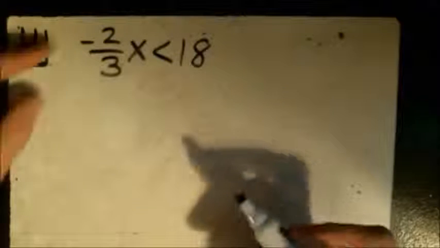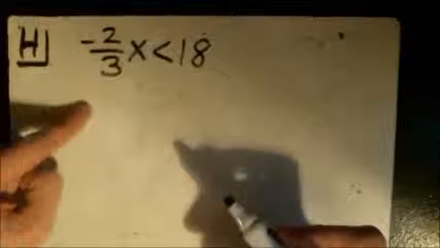For h, I've got negative 2/3 x is less than 18. All right, so once again, I've got to get rid of that fraction. So in order to get rid of that fraction, I have to multiply by the reciprocal. So the reciprocal of negative 2 over 3 would be negative 3 over 2. So I'm going to multiply both sides by negative 3 over 2.